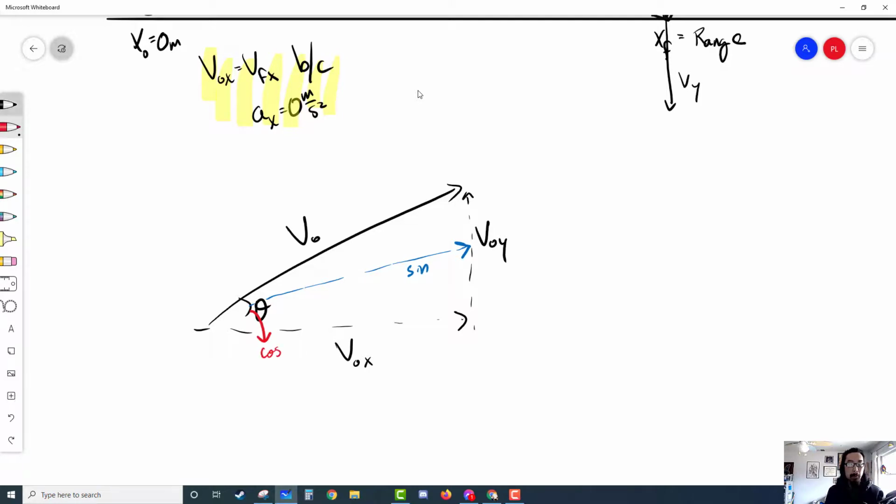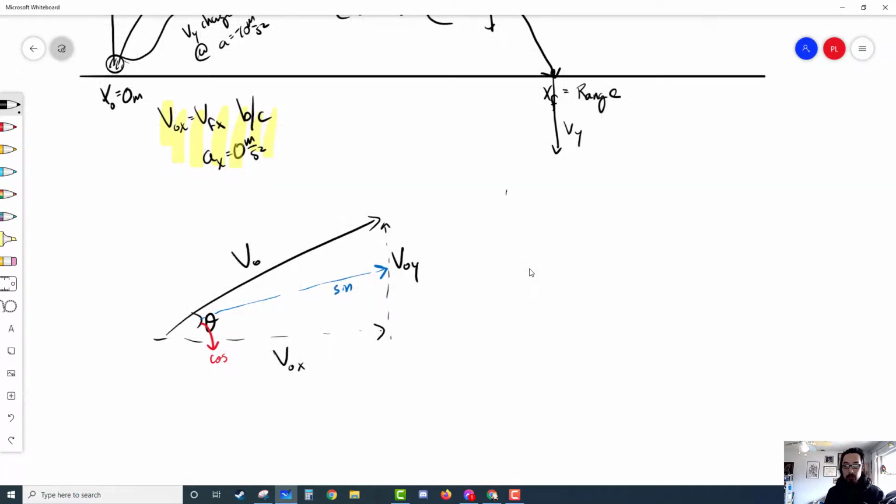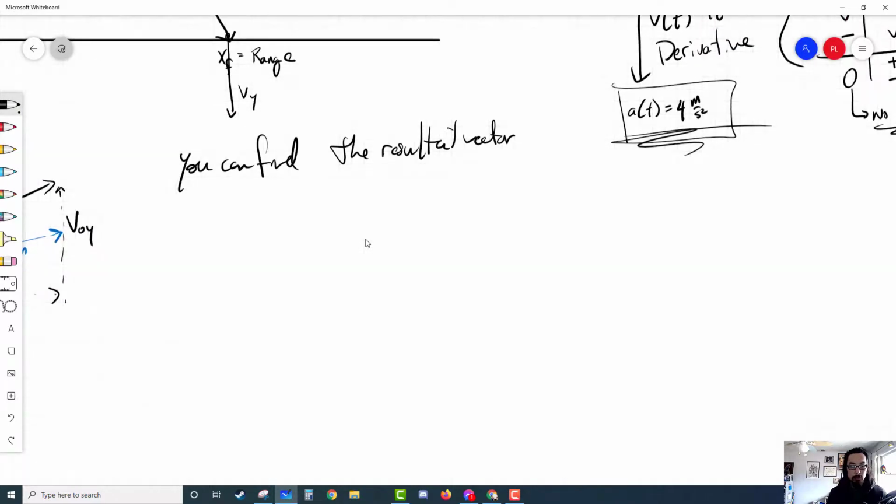All right, and the very last thing is you can find the resultant vector of anything by using the Pythagorean theorem.